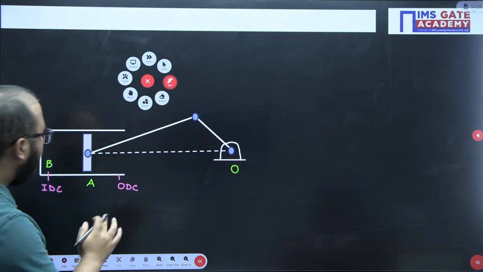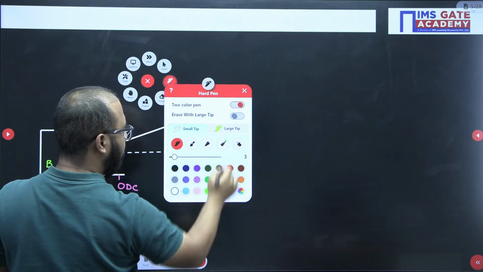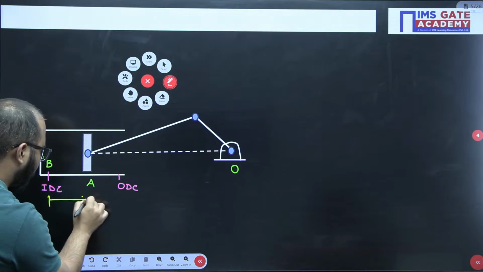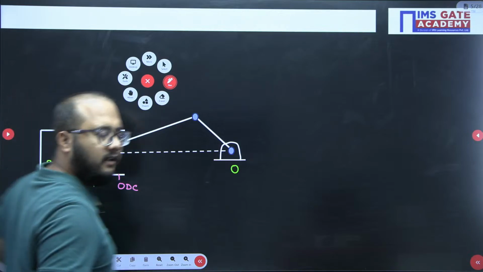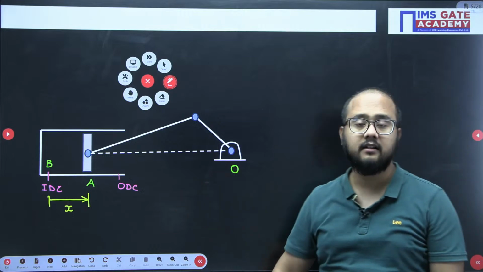Now, what can we understand from this particular diagram? From this diagram we can understand that from IDC the piston, or the slider, has moved by this X distance. This is the distance, or displacement, of this particular slider.